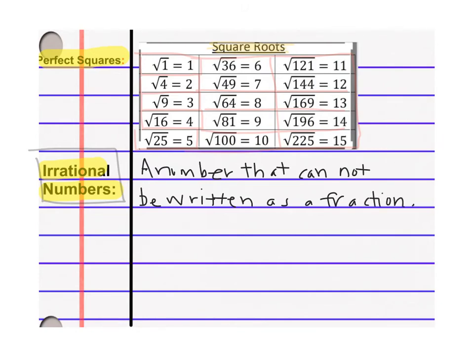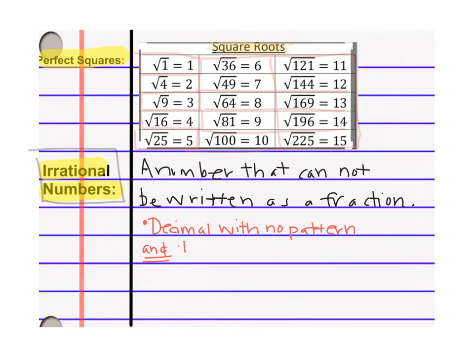Okay, and a little more specifically, because I think that doesn't really help students a lot, generally you're going to be looking for a few things. Generally it is a decimal with no pattern. If it has a pattern, then it's rational. We learned that on the last slide.